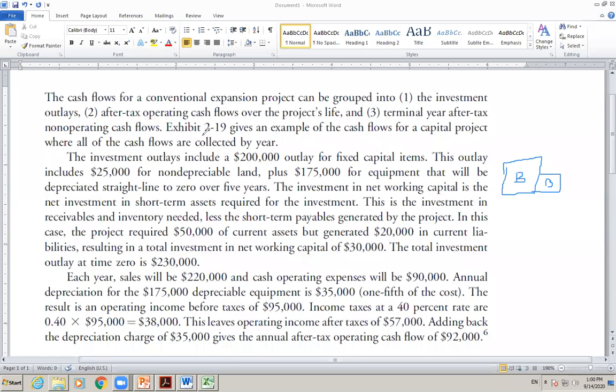So Exhibit 2.19, which is given in the book, gives an example of the cash flow for a capital project. The investment outlay includes 200,000 for fixed capital items.